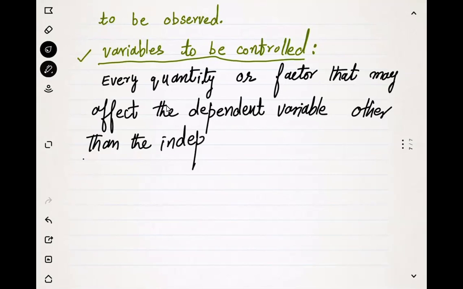You will not write these sentences in your answer. It is for your own understanding. Here you will name the control variables, those to be controlled other than the independent variable.